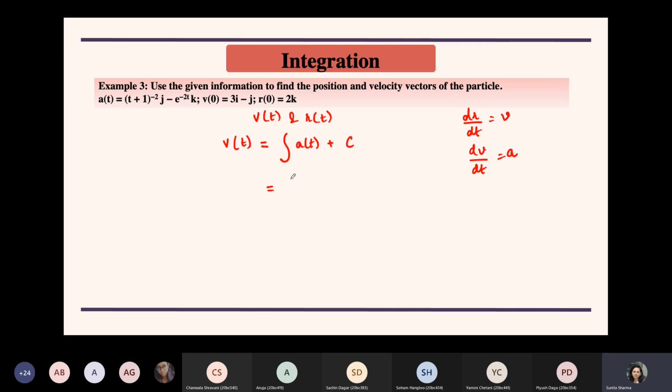What is the integral of 1 over t plus 1 whole square? This is not something which I have done. I mean, you must have done it earlier also. What is the integral of 1 over t plus 1 whole square?